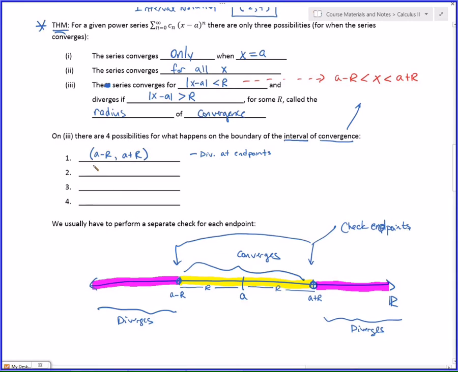You could have where it converges at the left endpoint and diverges at the right endpoint. So converges at left and diverges at right endpoints. You could have that it diverges at the left endpoint and converges at the right endpoint.